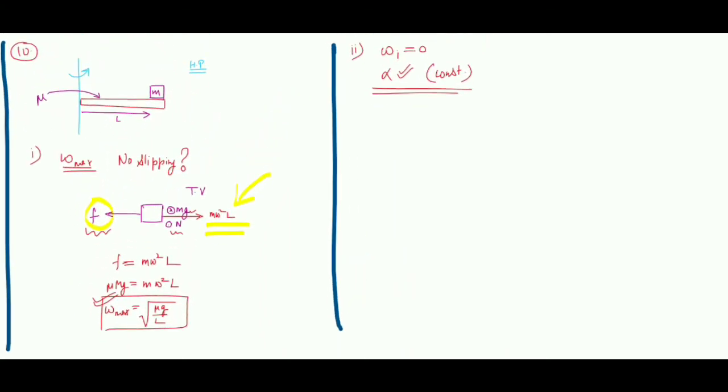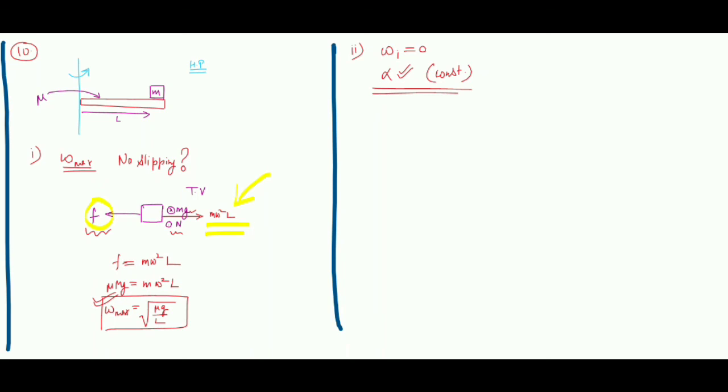And the reason is, in the last case, it was not tangentially accelerated. Try to understand. In the last situation, the box did not have any tangential acceleration. The only work for friction was to provide centripetal force.